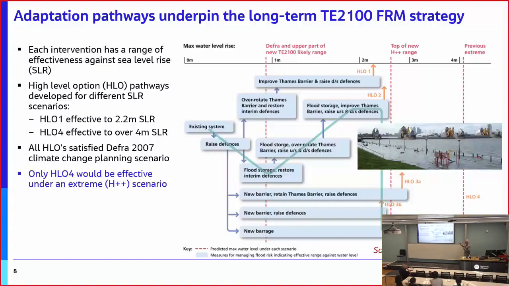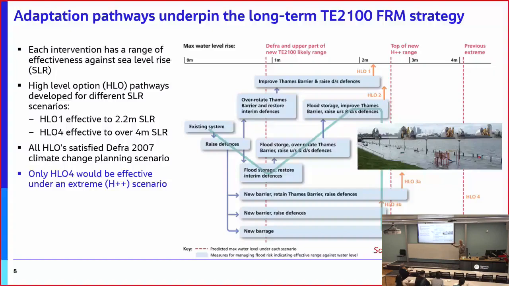The answer was we wanted to check how robust our set of initial flood defense improvements would be under a high sea level rise of 4 meters. And the answer was, inevitably, for anything above 2.5 meters, you probably need a new tidal barrier further down in the Thames estuary.